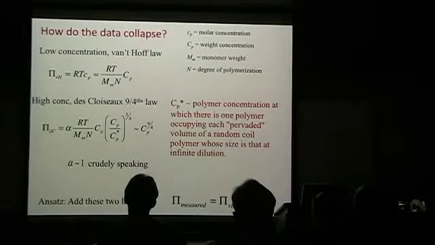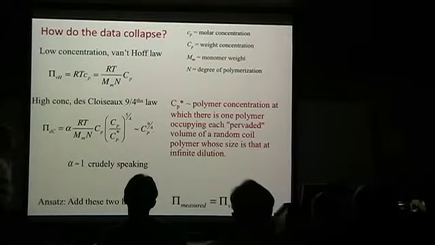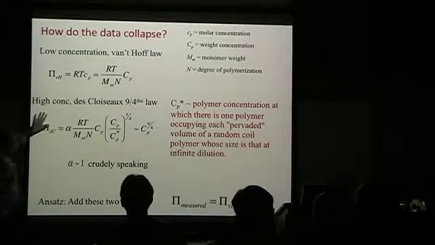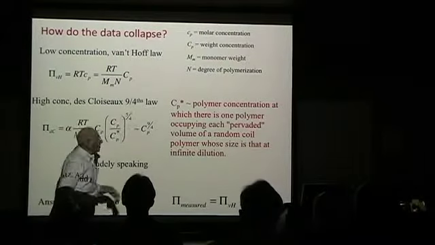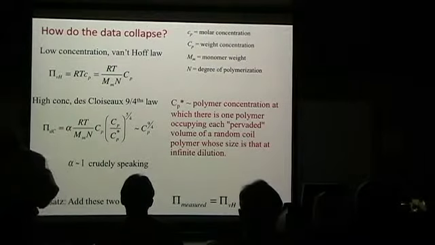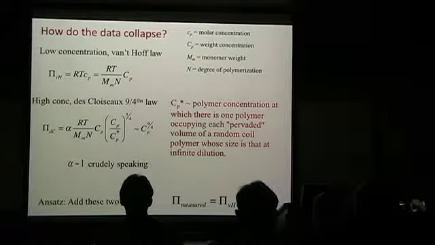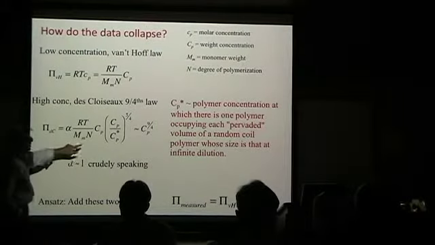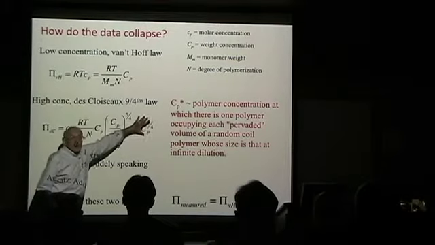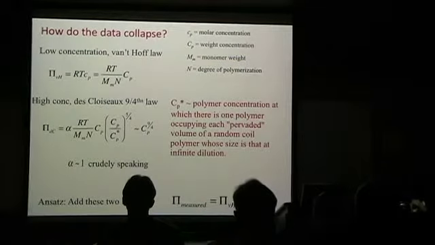At the high end, doing some manipulations, and I'll show you the manipulations in a minute, there's this very nice rule, the des Cloizeaux law, which is known to people in polymer science, that says if I go to high enough concentration, I should be seeing the dependence that's going into the 9/4 law.